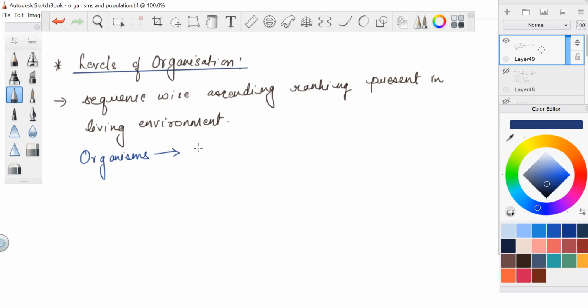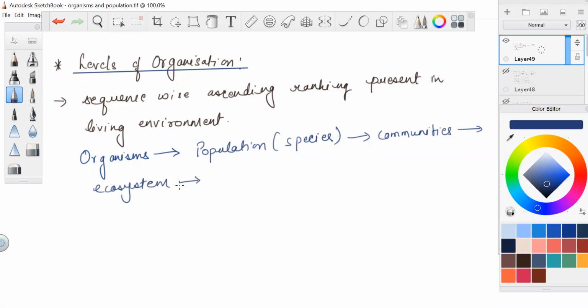So organisms, population, you can also call species, communities, ecosystem, then landscape, biome, biosphere. This is the level of organization.